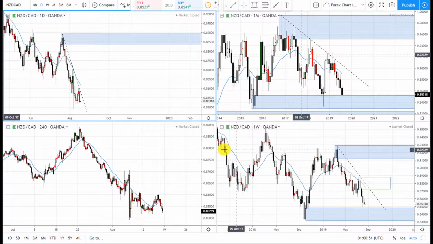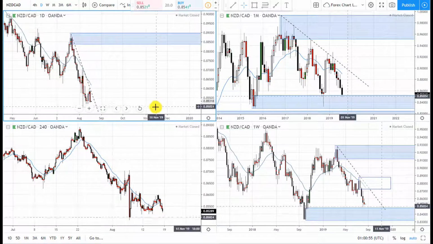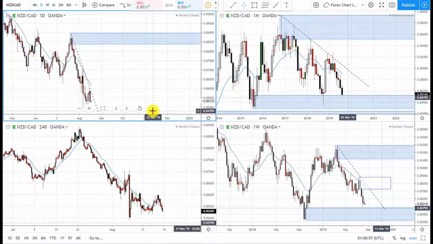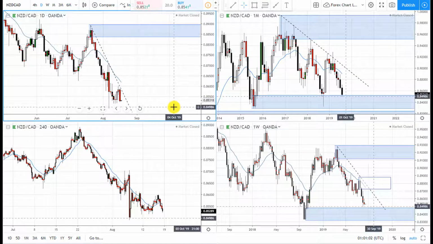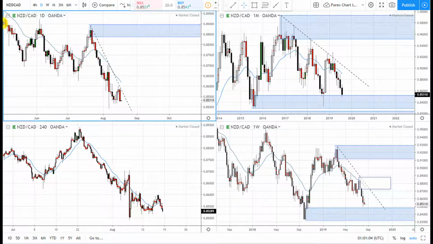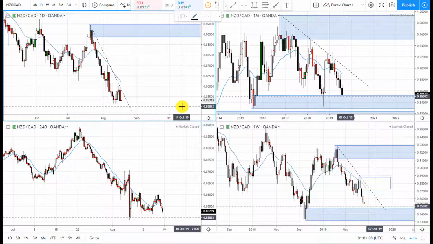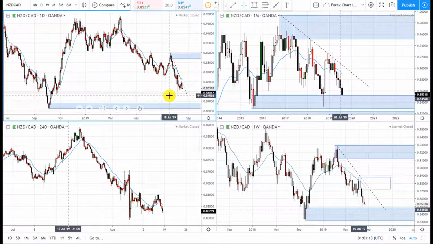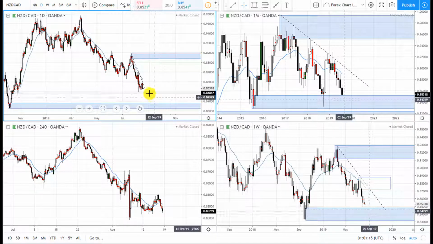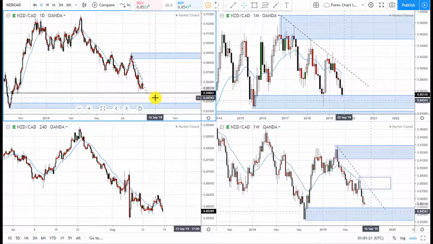Just keep in mind that this area right here, let me draw a horizontal trend line, this area right here is where our higher time frame demand zones already are. Down here will be your entry.